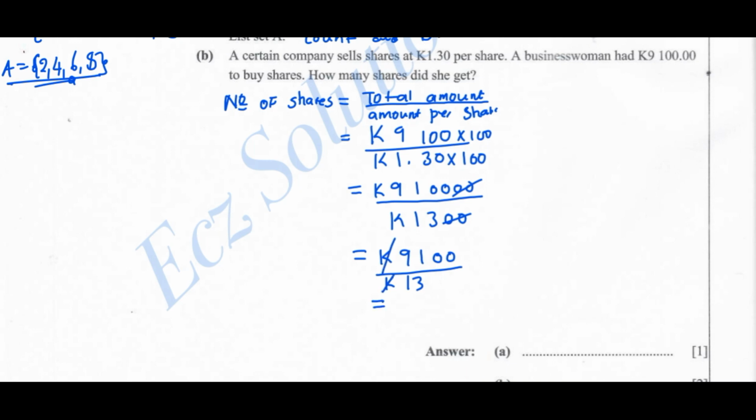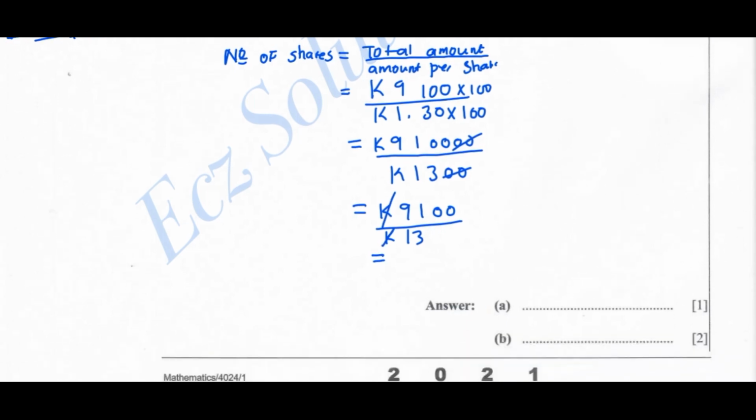Now the question is how many times can 13 go into 91 without giving us a remainder? So how do you solve mathematics like this?